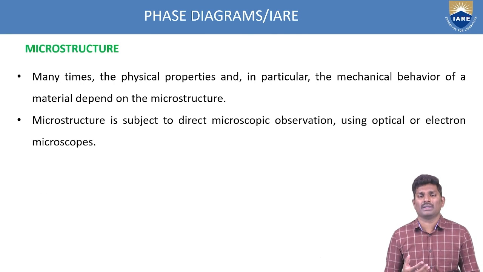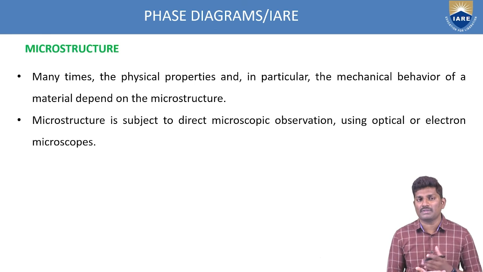And microstructure. So the main thing is what? The phase diagrams give us the microstructure of the given metal. These microstructures can be identified with the help of optical or electron microscopes. These microstructures again vary with temperature, with phases, and with pressure.